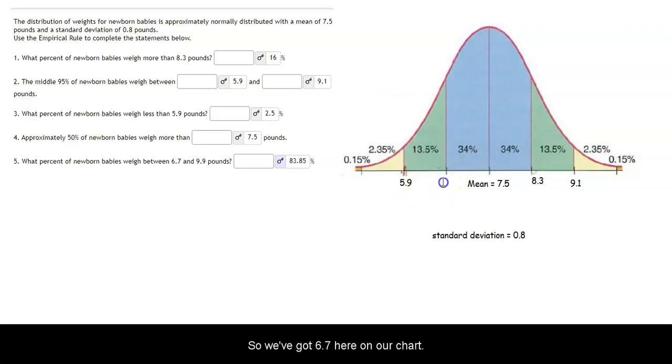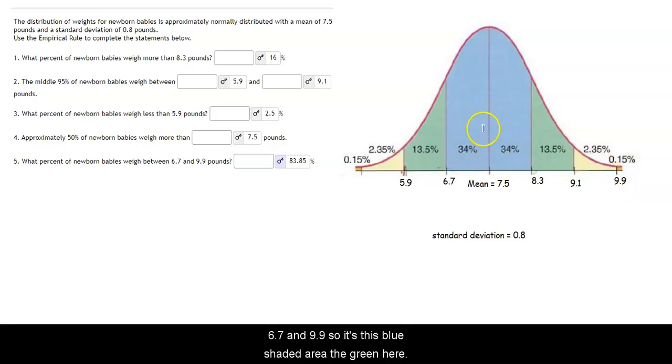So we've got 6.7 here on our chart and 9.9 here on our chart. We want to know what percentage of newborns is between 6.7 and 9.9.